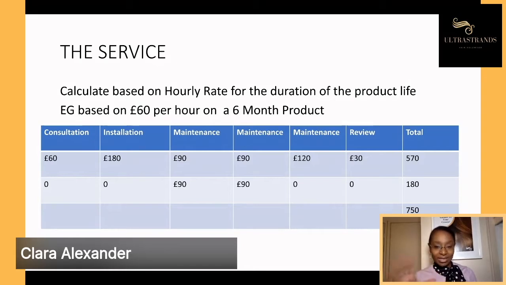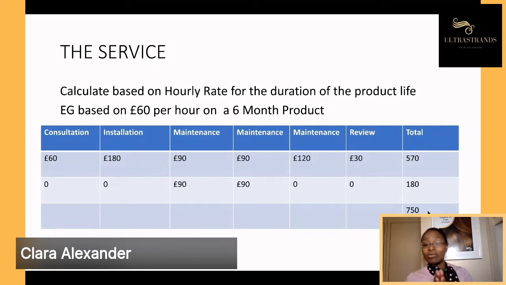Okay, I hope that is clear. Just in case it's not clear, I'm just going to go through it again, because it's very important that you get these figures right. So, point of consultation, the value for the consultation at this point, we have said it's £60. Installation, 180. Maintenance, which is just the resecure, £90. The taking off and putting back on again is £120. It doesn't include any additional services.